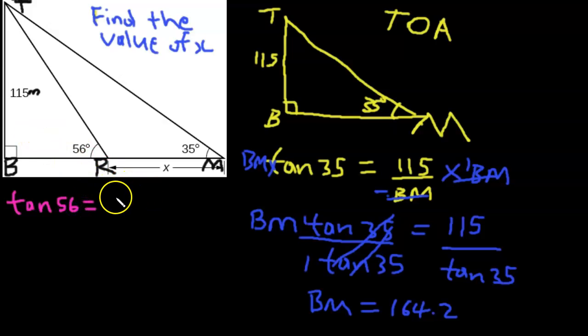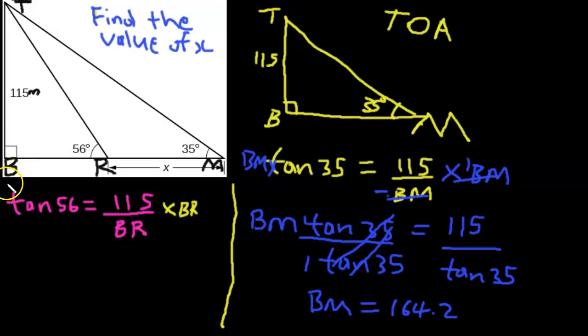The opposite, again, is 115, and the adjacent is BR. And we'll do the exact same thing that we did previously, when finding BM: multiply both sides by BR, because we want to cancel that denominator there. So BR times tan 56 is just BR tan 56. Good?